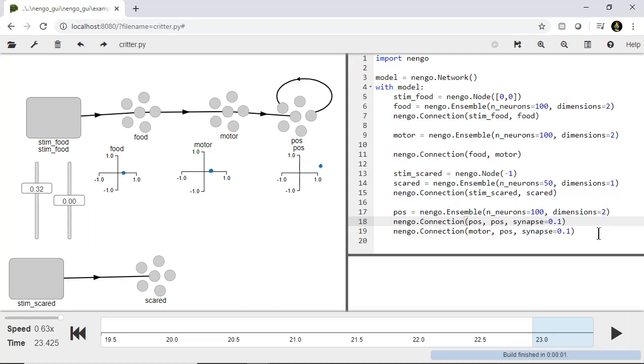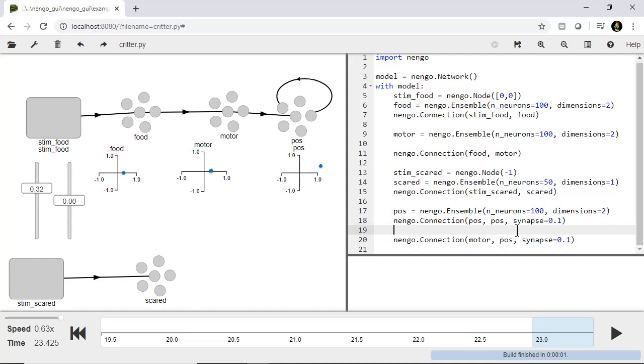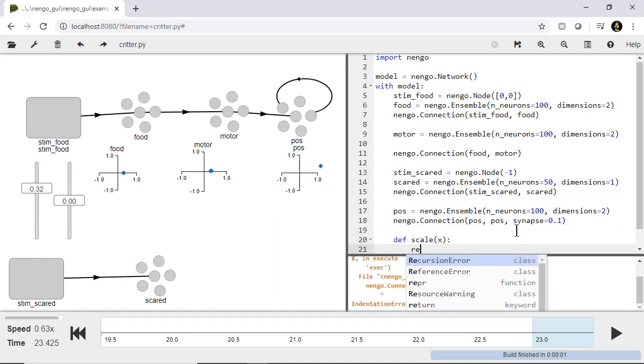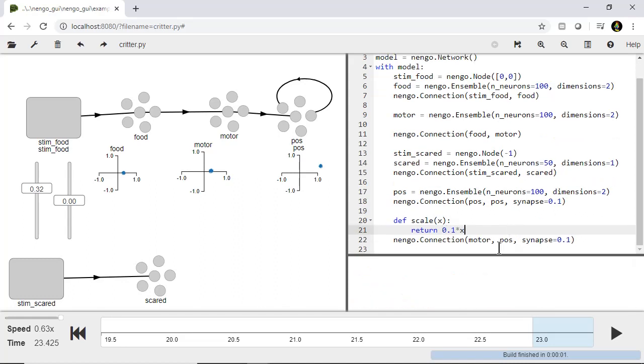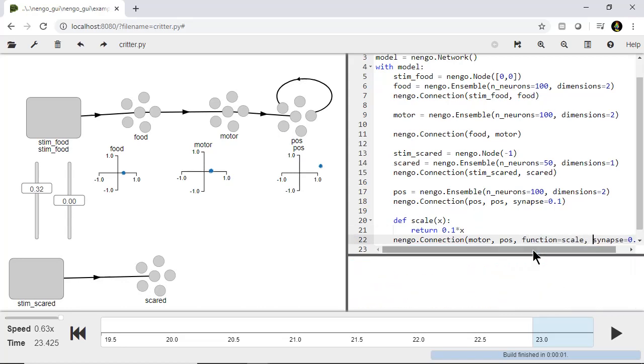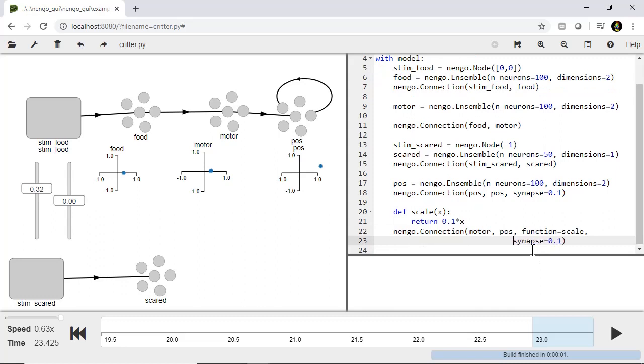So what I'm going to do is, when I make this connection from motor to position, I could do something like this. Take whatever that value is and multiply it by 0.1. Okay?